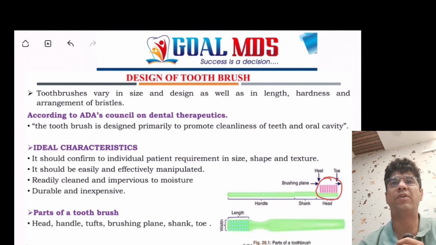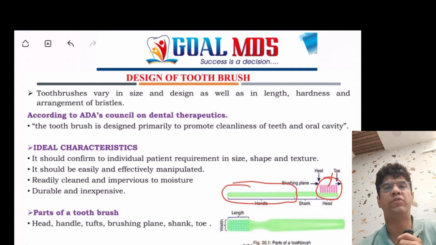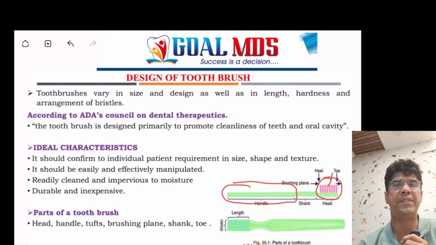Now what are the parts of a toothbrush? The toothbrush has a head. This is the head part that holds the bristles. These are the bristles, the top portion that you use to clean your teeth. Second is the handle part. The handle is the long part of the toothbrush that you hold in your hand while brushing.